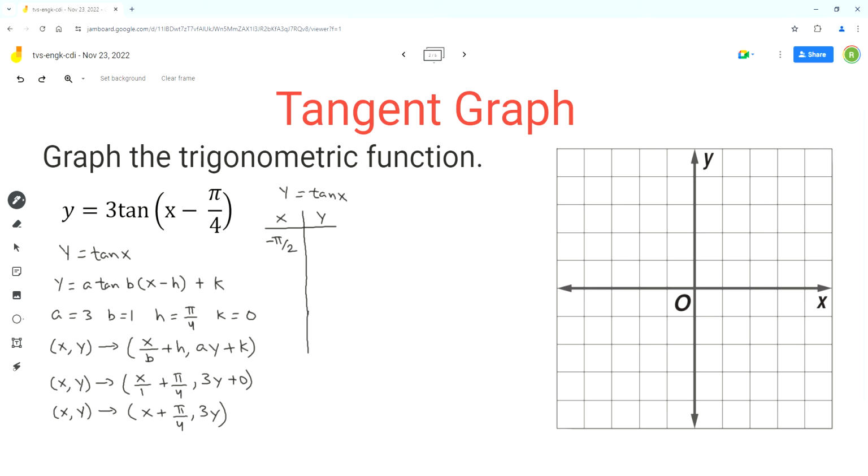The other x values we can use are shown here. At x equals negative pi over 2 and pi over 2, the y value is undefined because of the vertical asymptote.